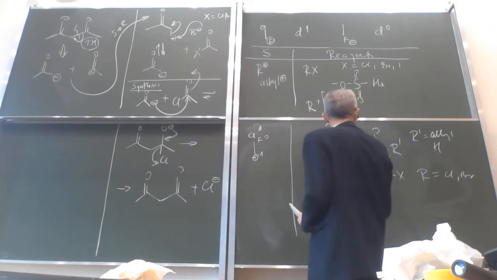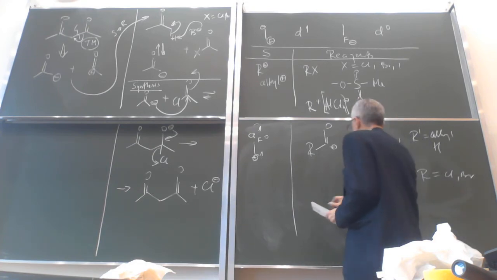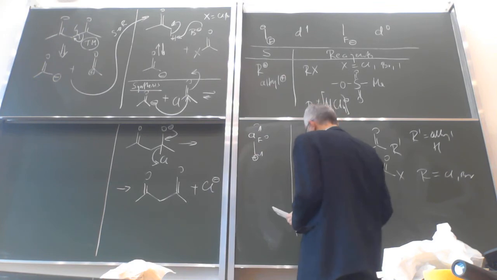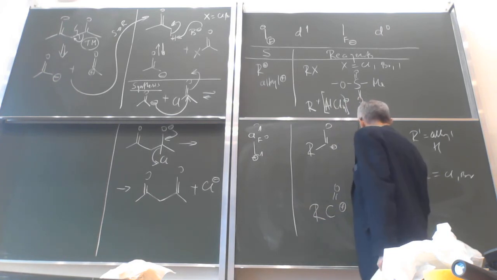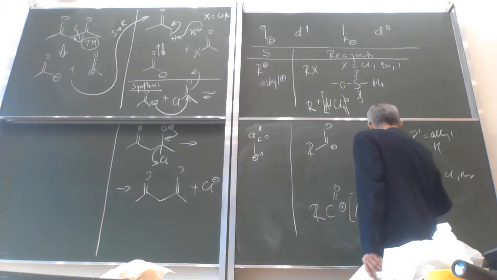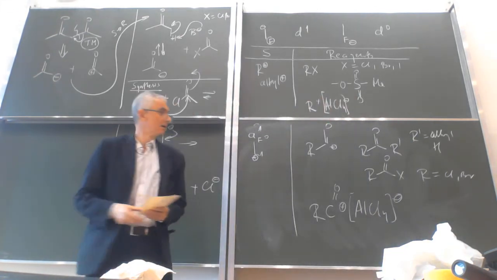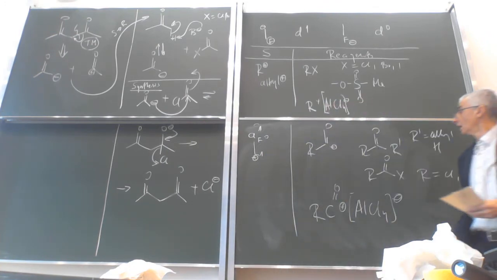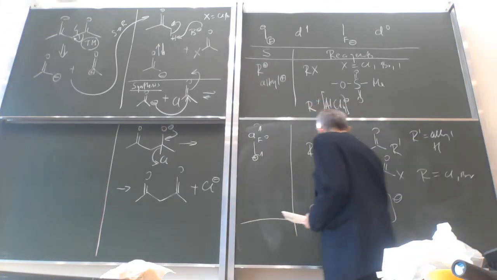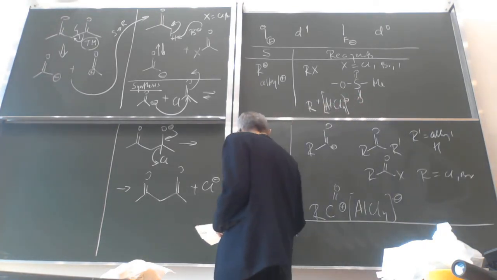Of course, we can also have here the equivalent of the Friedel-Crafts product with the acylium cation. So it was the second example, and then of course we go to A2.